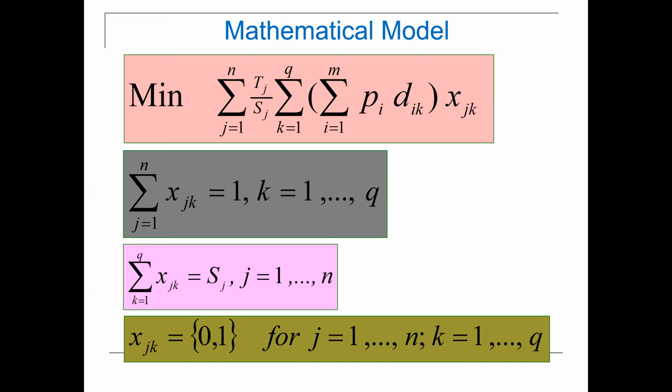And in this constraint right here, the pink one, basically what this is saying is that we need to assign Sj locations to each product. So the summation of the assignments has to be equal to the total assignments that we need for each product. And as I mentioned, the decision variables are binary.